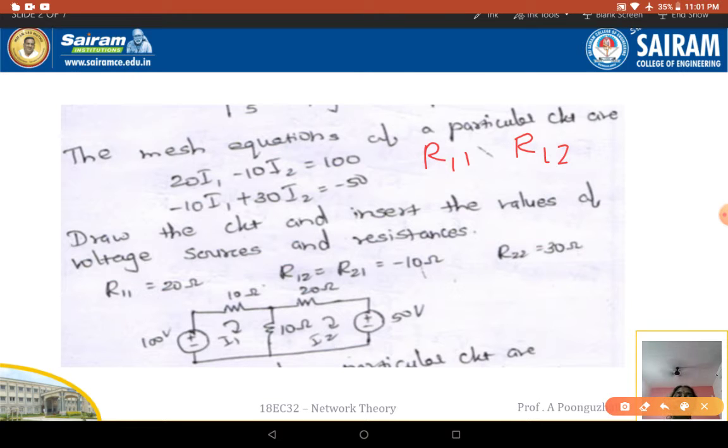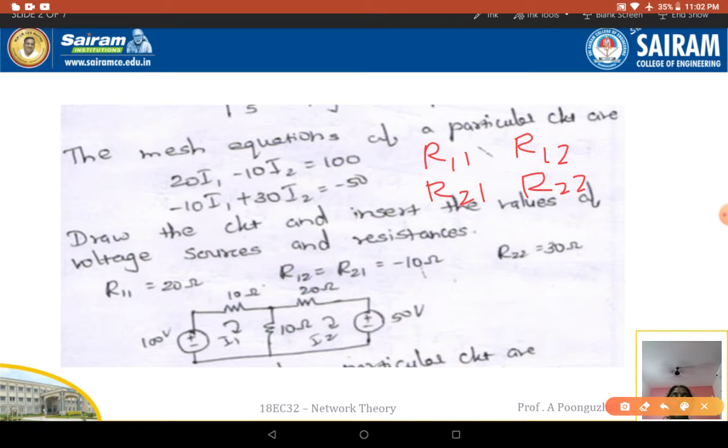And next is the second equation, where it is between the second and the first, so R12 and R21 will be the same values. Next, R22 is only the resistance present in the second loop. And the 100 and 50 are the voltage sources present in the first loop and second loop.